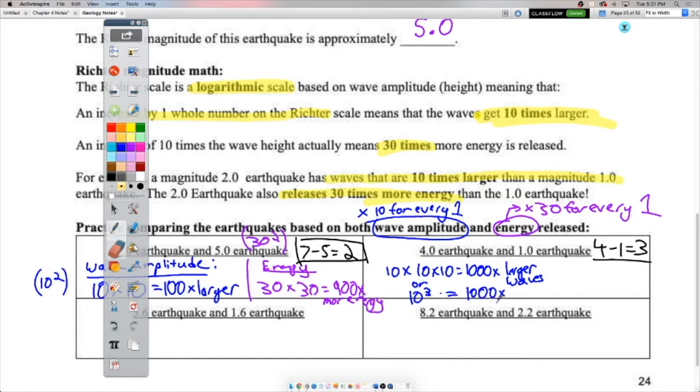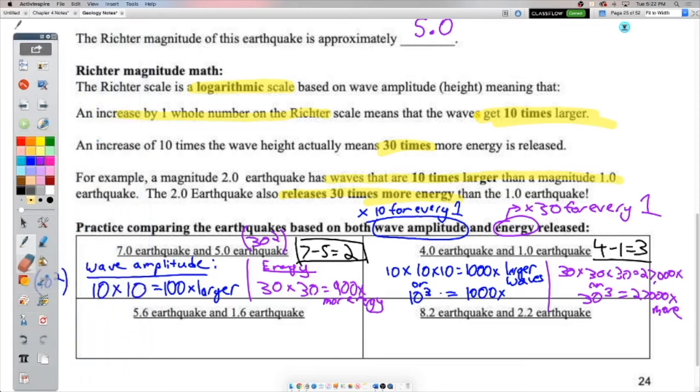Two ways of doing the same thing. Now, when we go to do energy, we could do 30 times 30 times 30 equals 27,000 times more energy in a 4.0 compared to a 1.0, or again, 30 to the power of 3, because that's the difference.